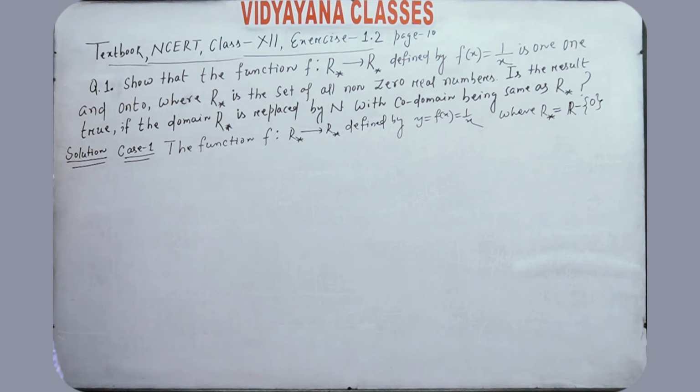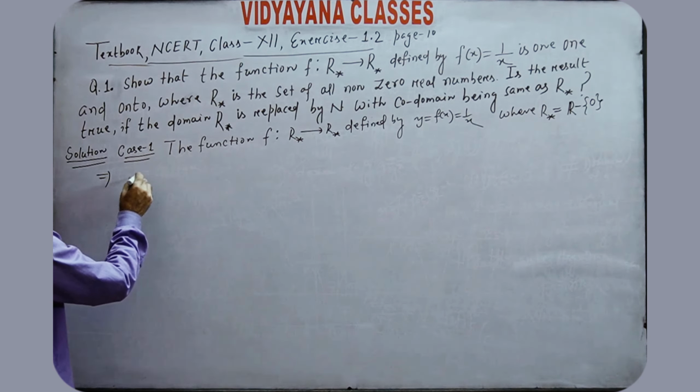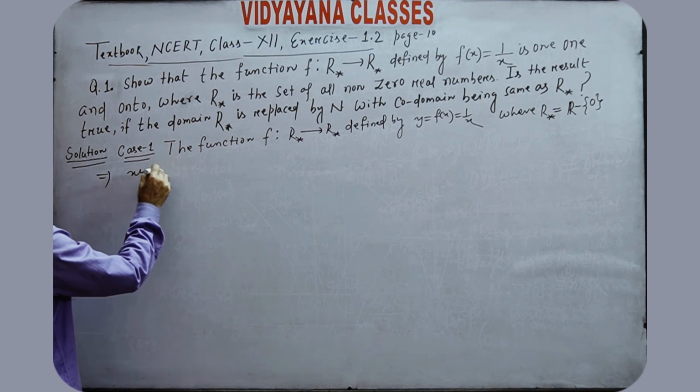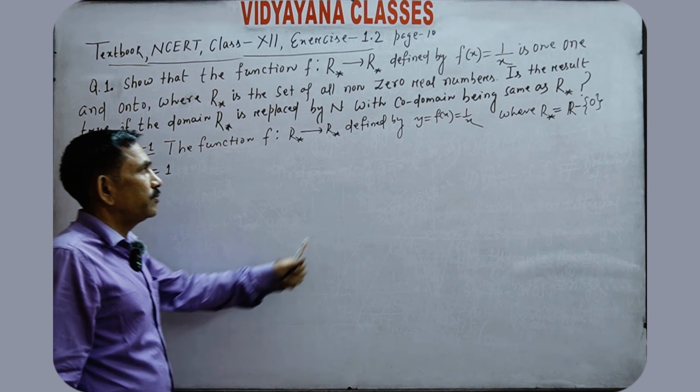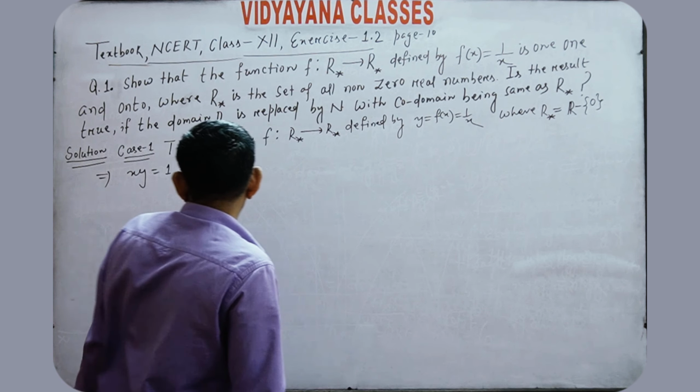R star is equal to R minus the set of 0. Implies xy is equal to 1. Product of x and y is 1.